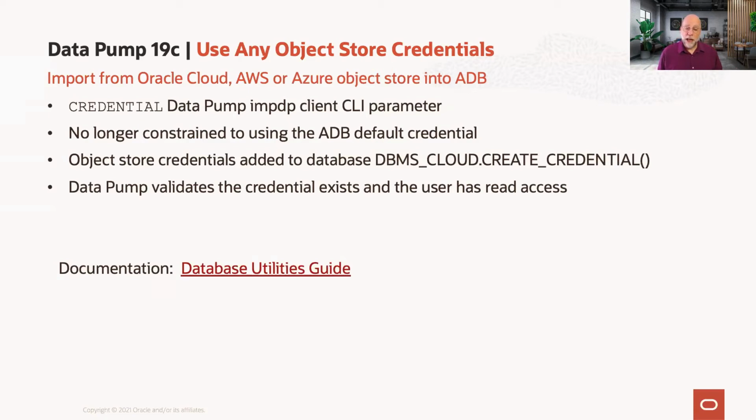The DBMS_CLOUD package is present in the 19.10 and later release updates, but there's a little more work for us to backport import from the Cloud Object Store to the on-premises release for 19c. We're working on that. That will be coming sometime soon, is all I can say.